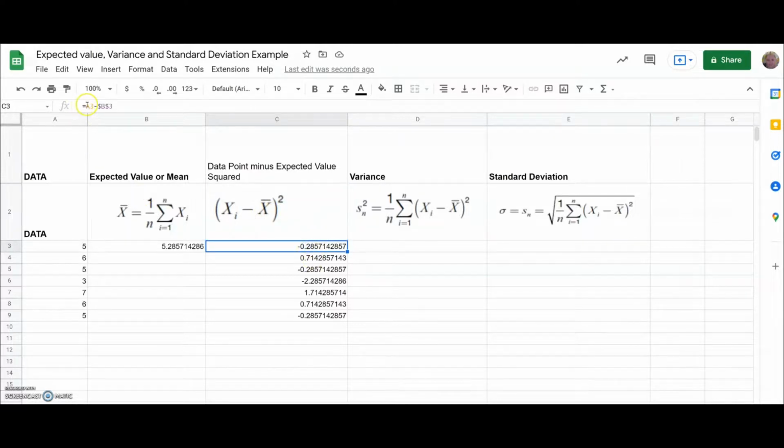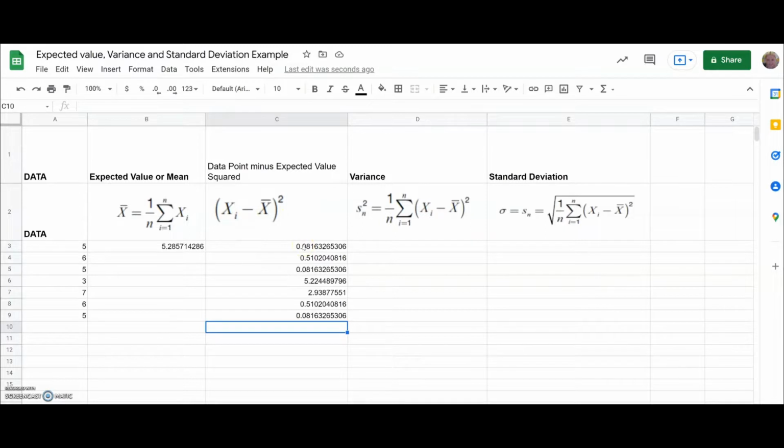Very easy. I look back into this formula where I had this cell minus this cell, and all I do is put them in the parentheses and square them like that. Little hat and then 2. So now it's this thing squared, and I'm going to Control C and then select all of these and Control V. And now I have all of the distances squared, and they're all positive.